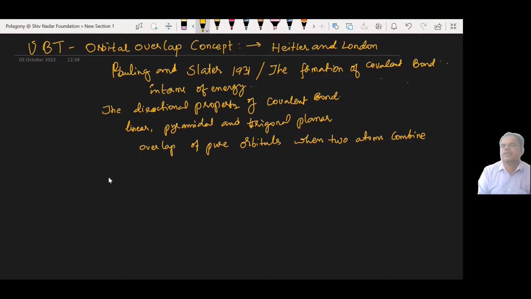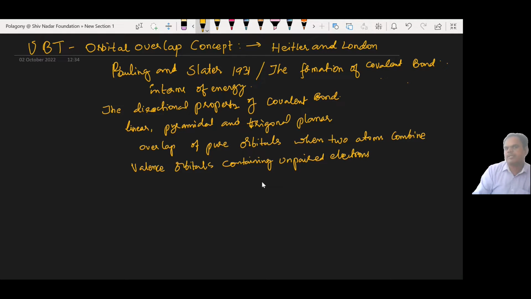As you know, when two atoms combine, their valence orbitals containing unpaired electrons undergo interpenetration.